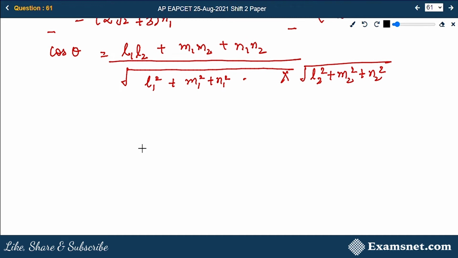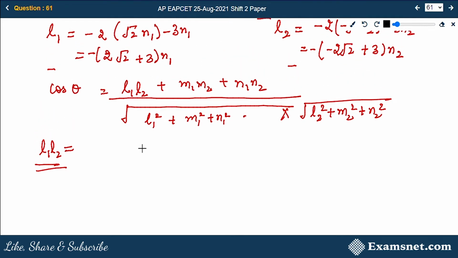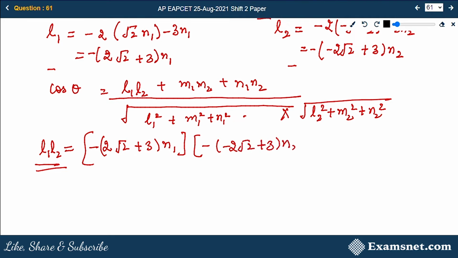Let's fill in the values. First of all, we'll solve it separately, so it will be easy for us to compute. What is l1 into l2? Let's write down. l1 was minus 2 under root 2 plus 3 into n1. This is multiplied with minus 2 under root 2 plus 3 into n2.